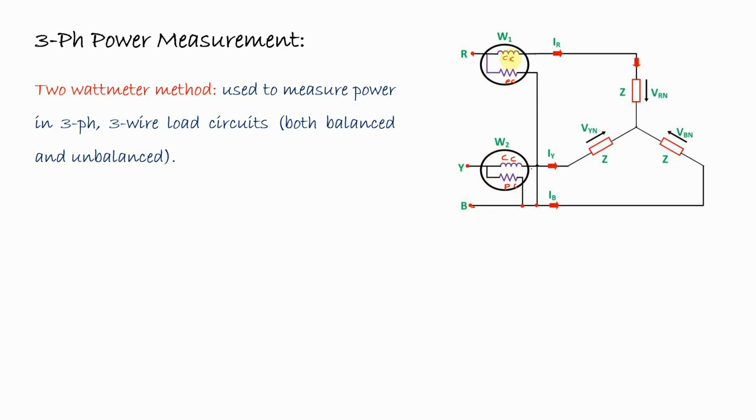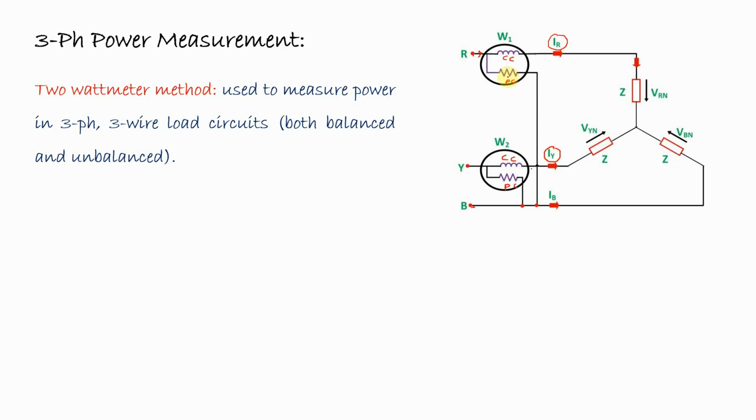That means in the first wattmeter, the current that will flow through the current coil will be equal to the line current. Similarly, the current flowing through the current coil of the second wattmeter will also be considered as the line current. In this case, it is IR and IY.